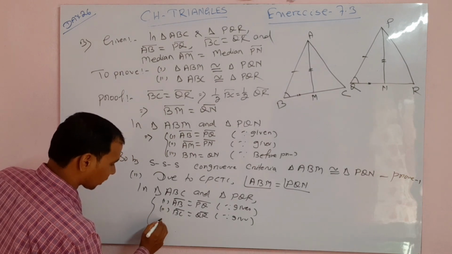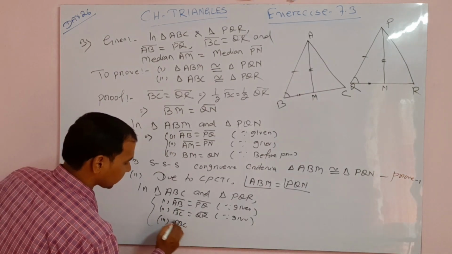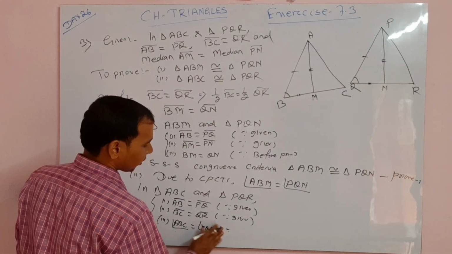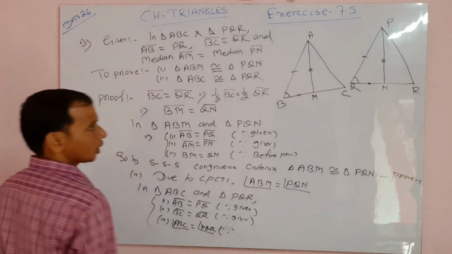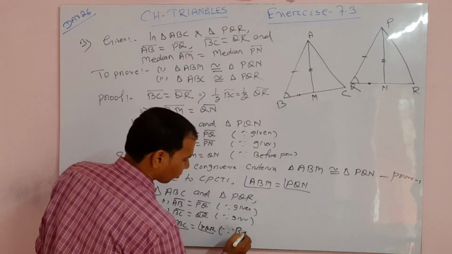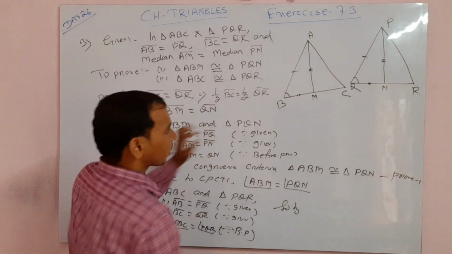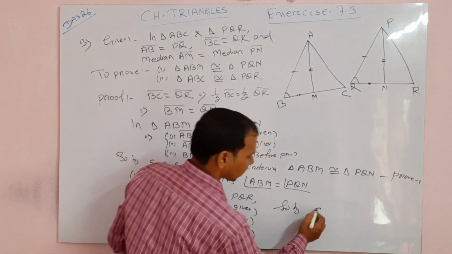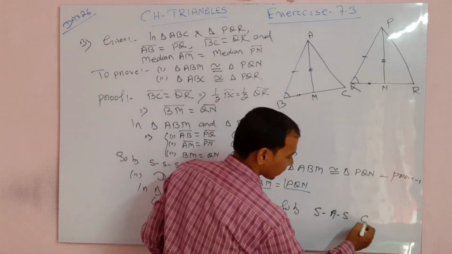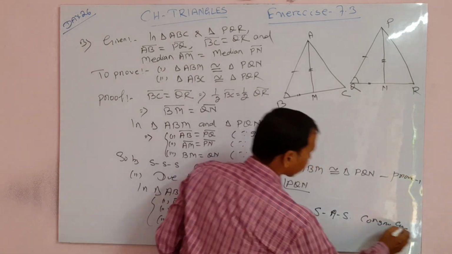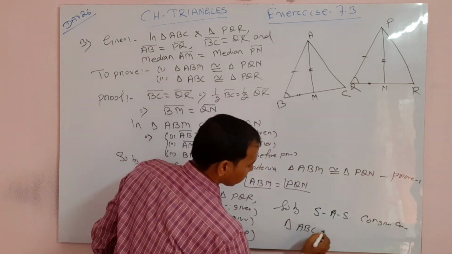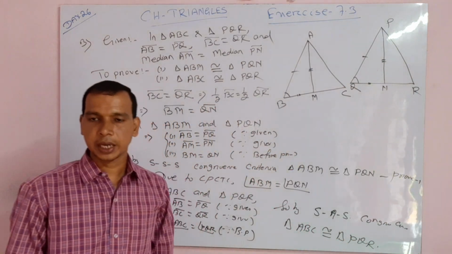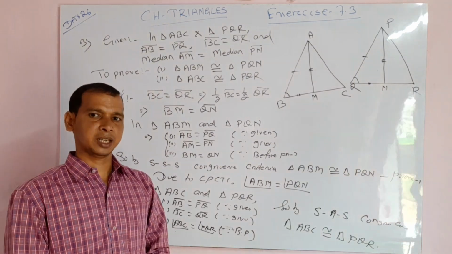And after the second option, third option here angle ABC equal to angle PQR because proved before. So mark here this one side, then angle, then side. Okay, so by side, angle, side congruence criteria, triangle ABC is congruent with the triangle PQR. Proof. Okay, you need to practice the above questions 2 or 3 times. Okay, thank you.